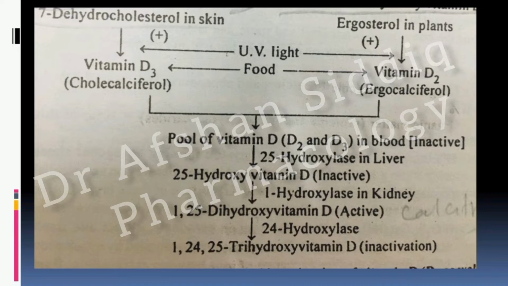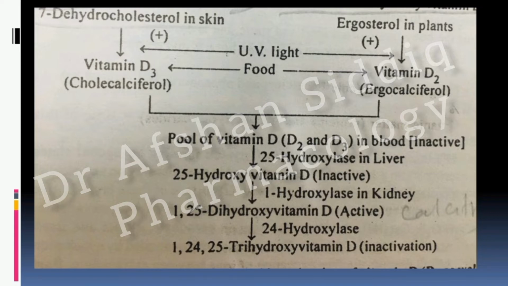So there are two organs in the human body which are involved in the conversion of inactive vitamin D into the active form of vitamin D. One is the liver and the second one is the kidney. So two types of metabolism take place in the body: one is hepatic metabolism and the second one is renal metabolism.